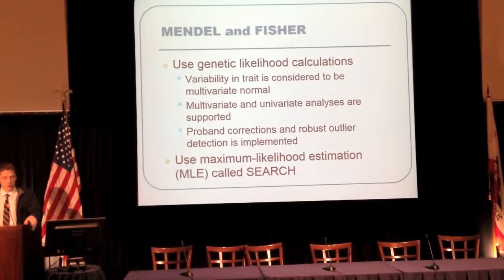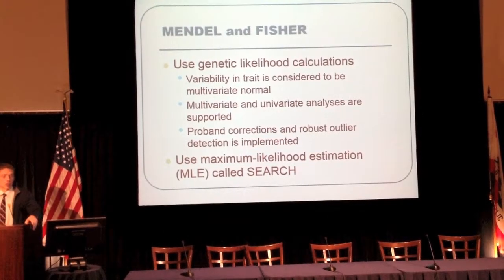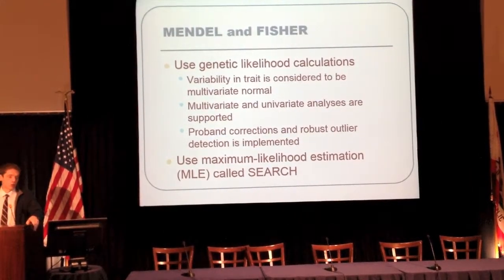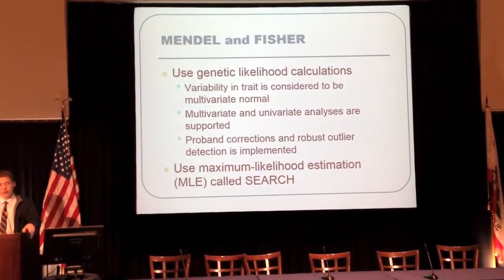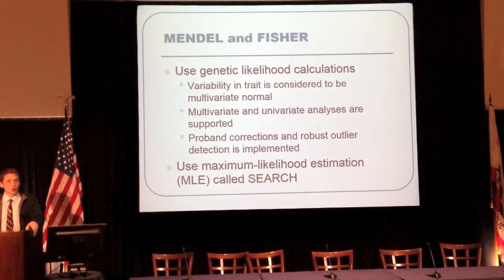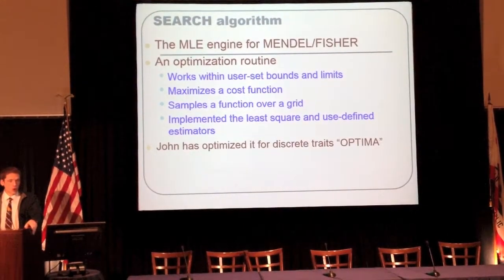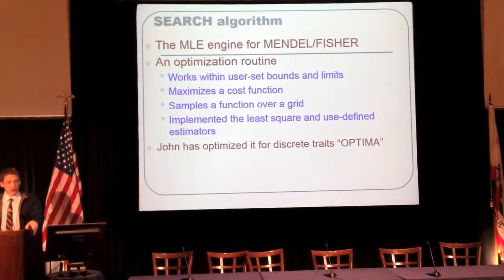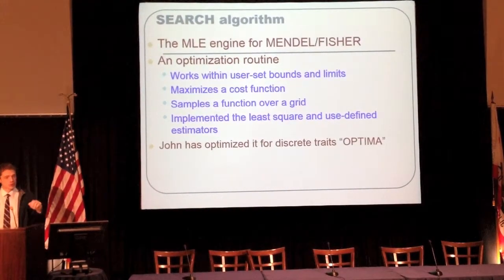And maximum likelihood estimation, that's the engine of the variance component, is a routine called Search, which is an old algorithm that is very robust, albeit quite slow. So we use that search algorithm as the maximum likelihood engine for the Mendel and Fisher.